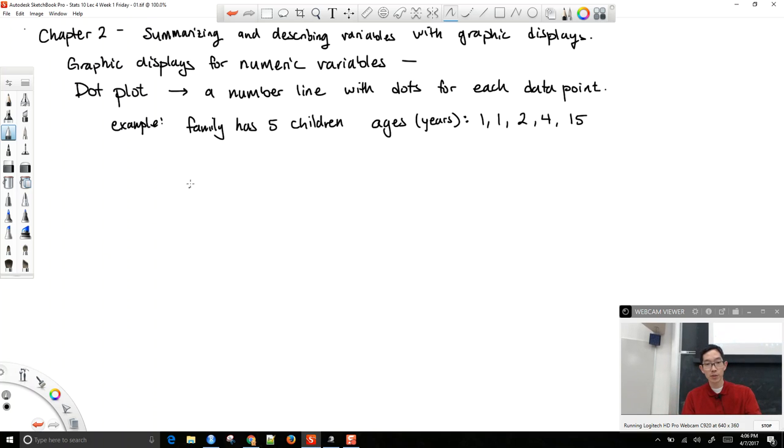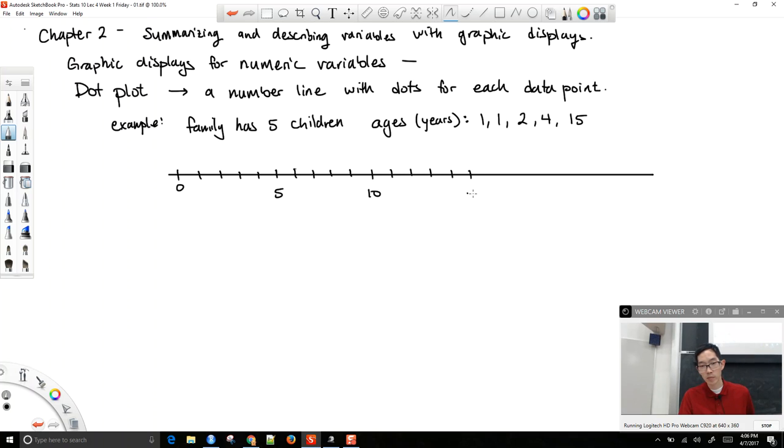To create a dot plot, we start with a number line, and then we just put dots for each data point.